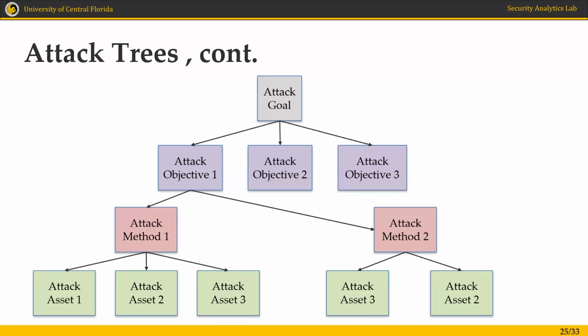So here, this figure depicts that we have an attack goal, and that is the main node, and we have edges and nodes. Those edges are going to be connected to various attack objectives, and we have attack objective 1 that has several attack methods attacking several assets within the system.